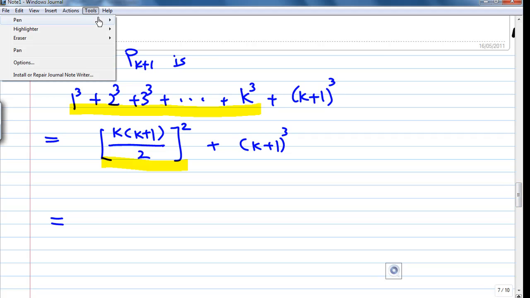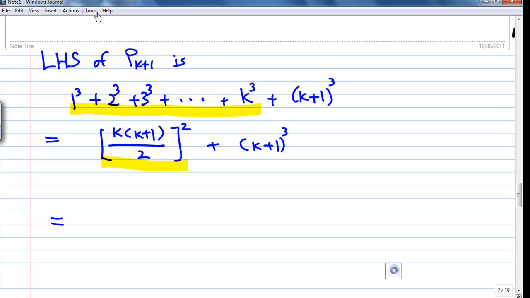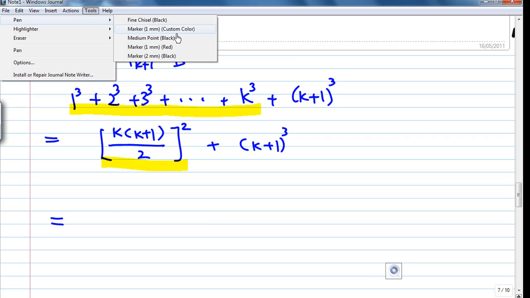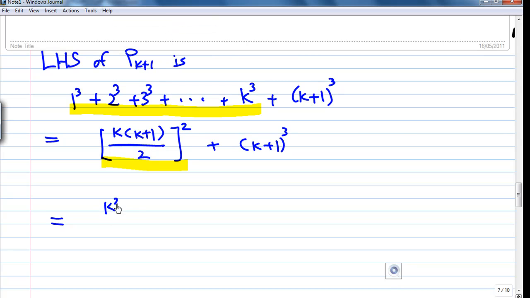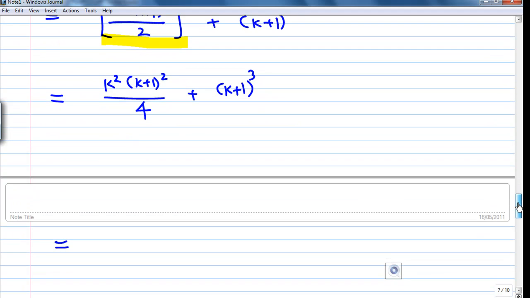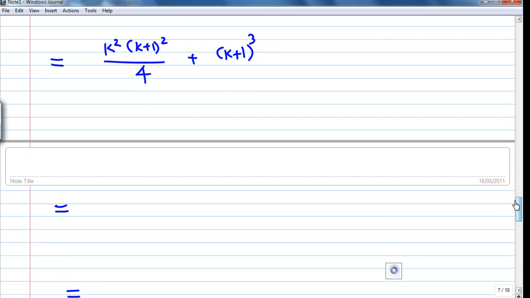Then we expand it. Let's see what the sum looks like. Can we simplify the sum? This is k squared times k plus 1 squared over 4 plus k plus 1 cubed. Then we must know how to sum. When you want to sum up these two terms, you have to find a common denominator, which is 4.